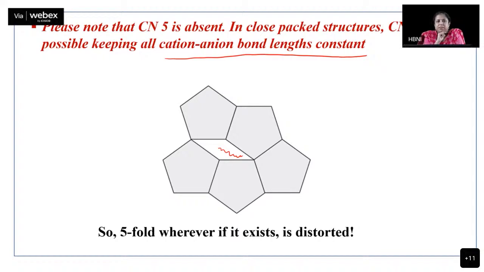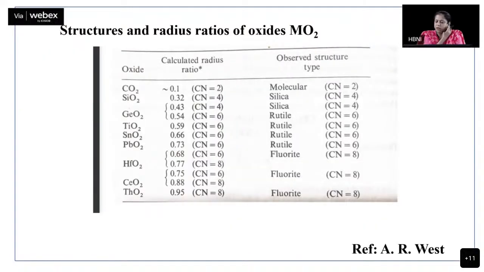I hope this is clear. Okay, so 5-fold, even if it exists, it makes a distorted structure, which is perfectly fine. Nature is full of structures which are distorted. All right. Okay. These are just a few examples. Whenever you go back to YouTube, you can check these examples.